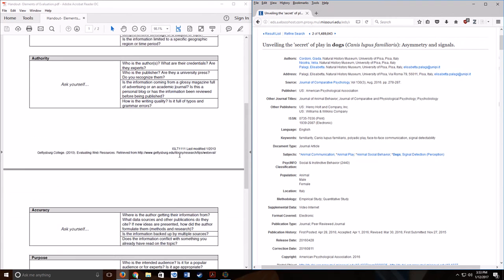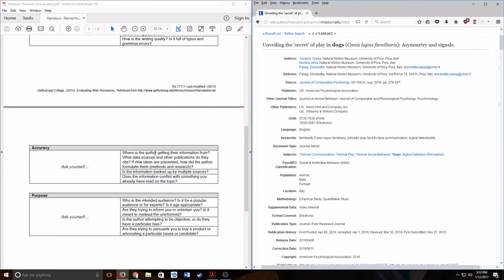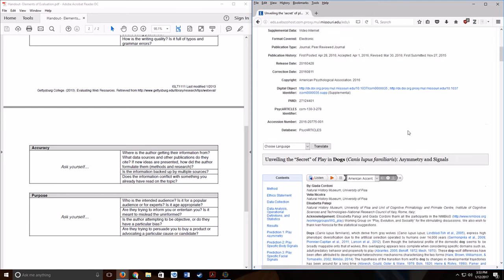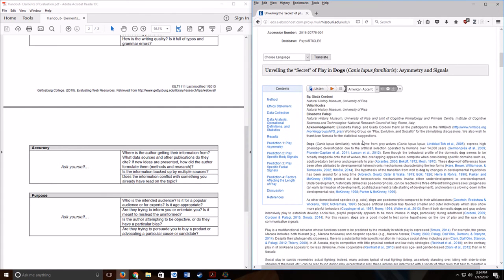We'll get to accuracy. Where is the author getting their information from? Sometimes they'll lay it all out for you. They actually give the method for how they did this, and also they've got all these different sources that they've cited. So you can tell exactly where they've gotten their information from, and you can always go and click on these or search them yourself and find out exactly what those sources are saying.